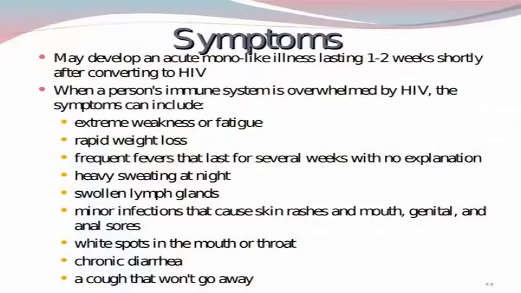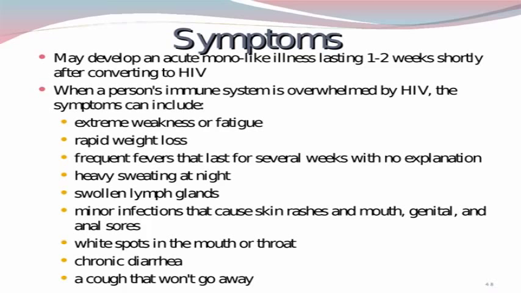Some people develop a mono-like illness 1 to 2 weeks after they have been infected with HIV. But it's not really until a person's immune system is overwhelmed by the HIV that the symptoms come out. That would be rapid weight loss, fatigue, frequent fevers, night sweats, and swollen lymph glands.